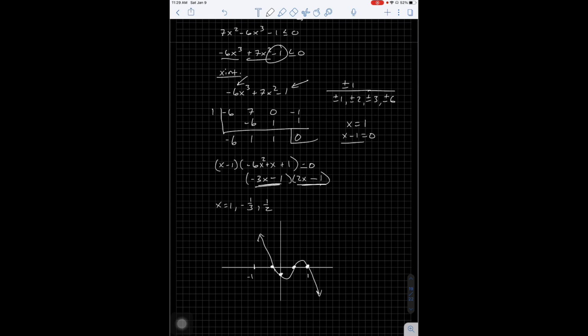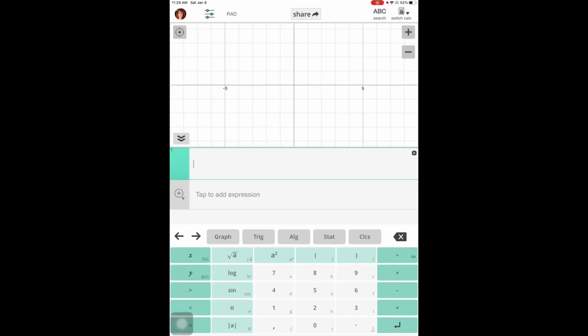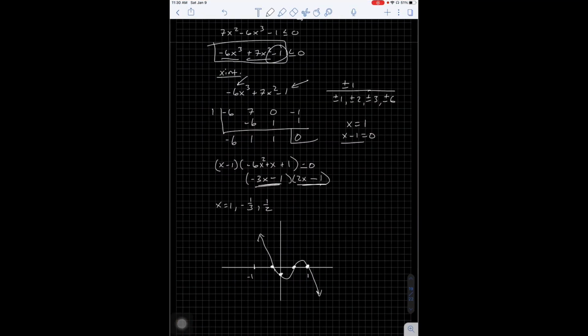Now, here's what checking yourself looks like. I'm going to take this graph right here. I'm going to go over to my class calc and try it. -6x cubed plus 7x squared and -1.